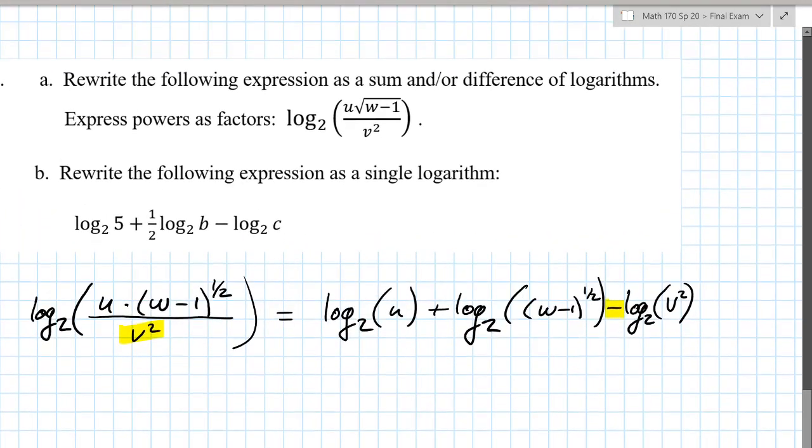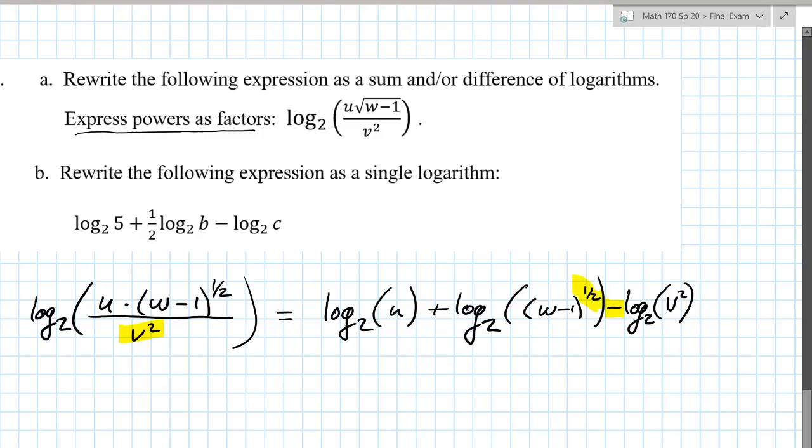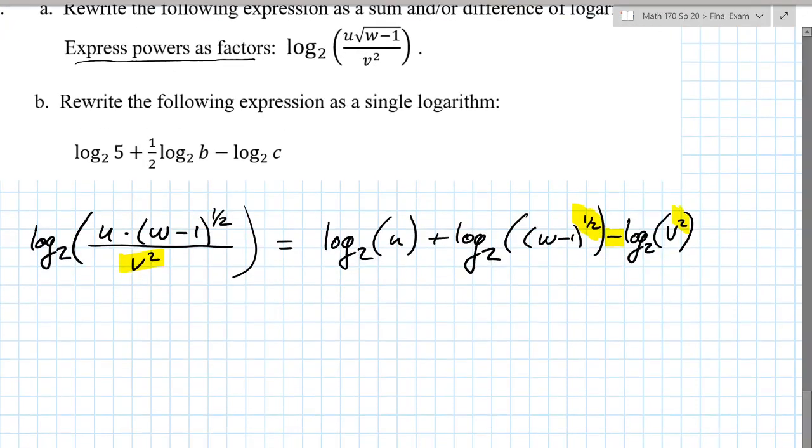Now it says express powers as factors, and we have some powers here. We've got a 1/2 power there and a second power here. So we have our property that says that we can rewrite powers in the argument as factors.